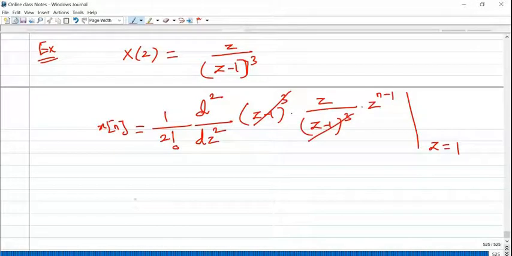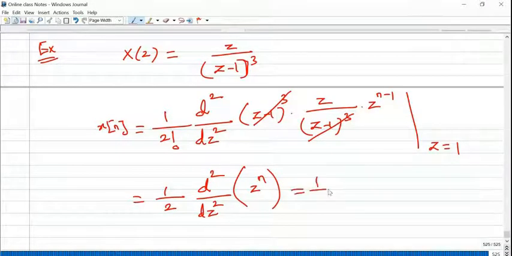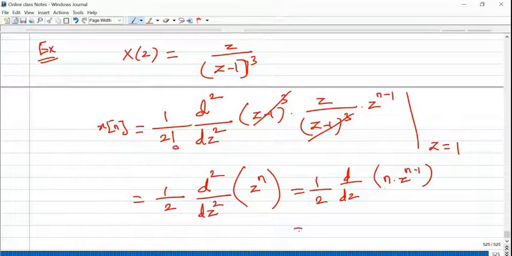Cancel. 1 by 2 factorial, 2, d square by dz square of z power n, since (z minus 1) cancels. Two times, you have to differentiate z power n: n into z power n minus 1, first term, 1 by 2. Again differentiate: n minus 1 into z power n minus 2.